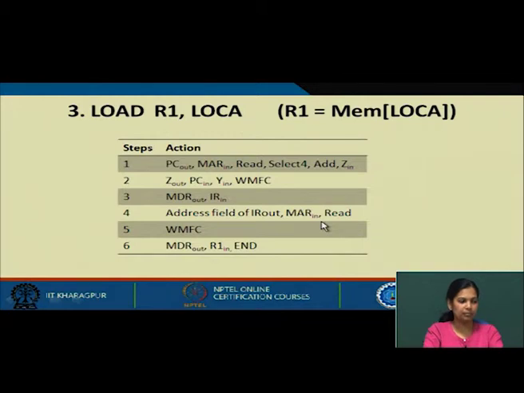Using MAR in, we activate the read control signal and then we wait for memory function complete. Once memory function complete is performed, the value is available in MDR and from MDR we have to put it in R1. So, we do MDR out, R1 in and we end for loading a word from memory.